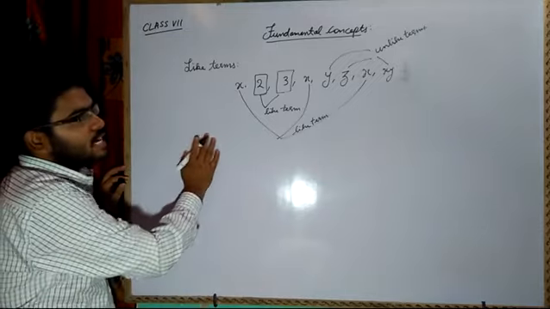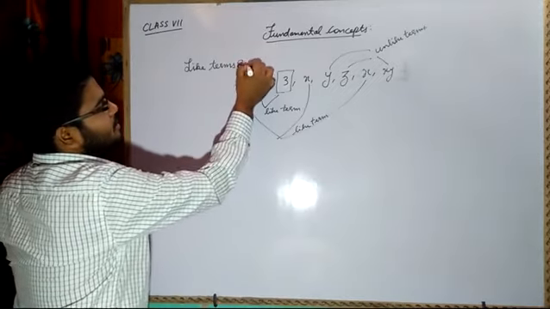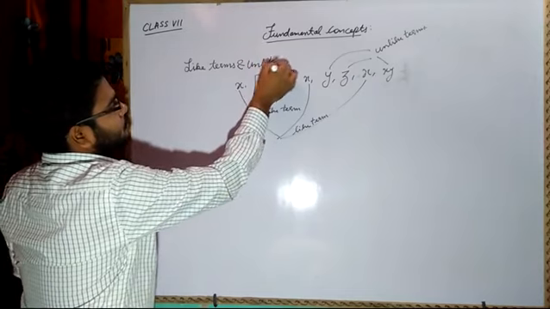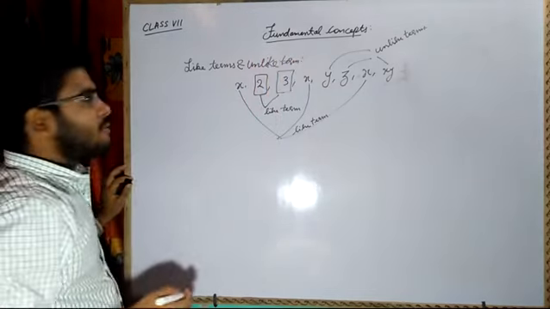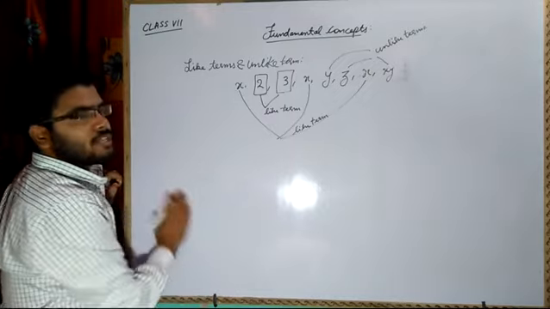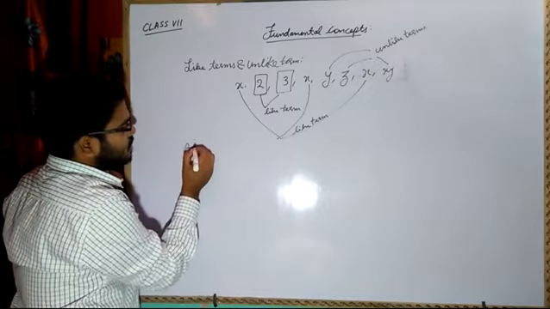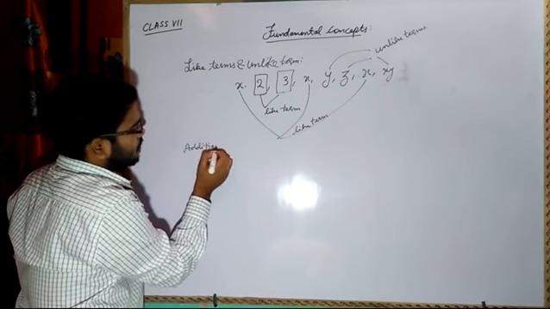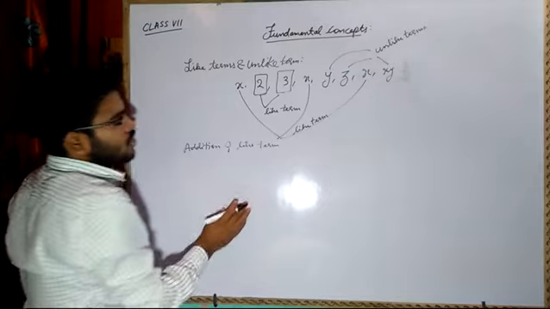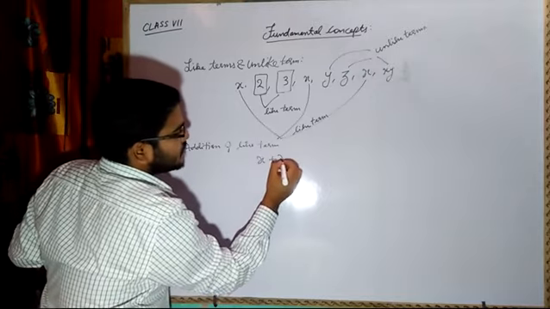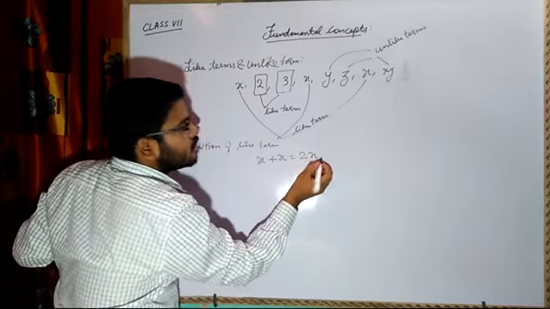Now when we have like and unlike terms, I will write: when we have addition and subtraction, all the mathematical operations, means addition of like terms. Now if I have x plus x, then I can write this as 2x.